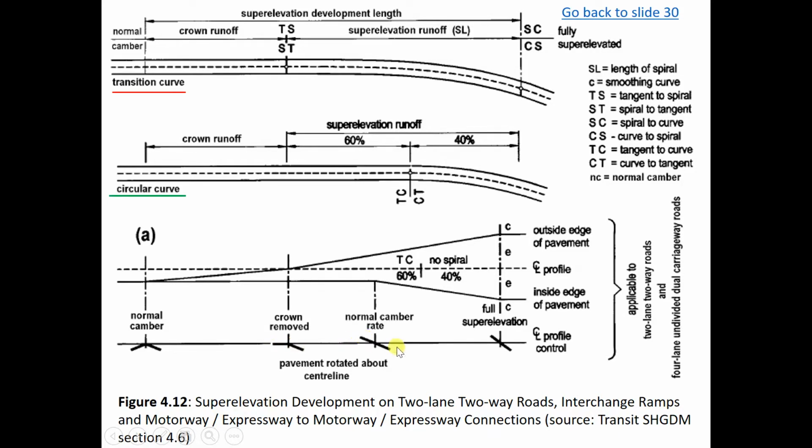Then you tip upwards to the same crossfall as the inside lane, and then go towards the full super elevation.